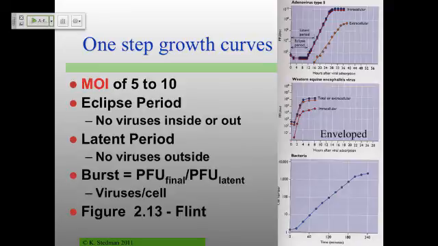Let's look at some real examples now of some one-step growth curves. These are various different viruses. Here's adenovirus at the top, Western equine encephalitis in the middle, and then just bacterial growth for comparison down here. All of the y-axes here are log scales, and just time across here on the x-axis.